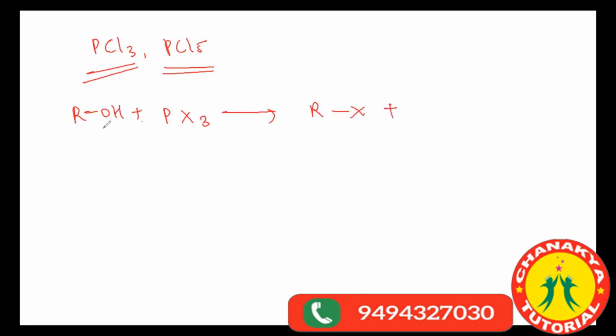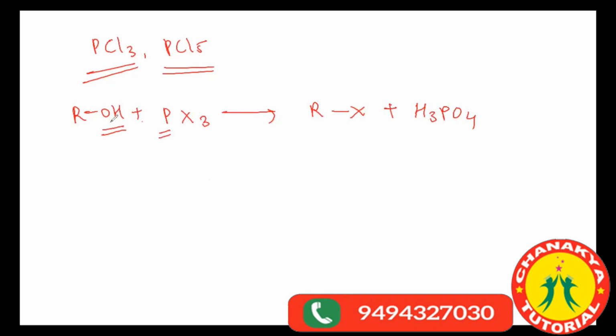POX and, here see, OH, phosphorus is there. What is the formula for phosphoric acid? H3PO4. Right? You need to balance it.